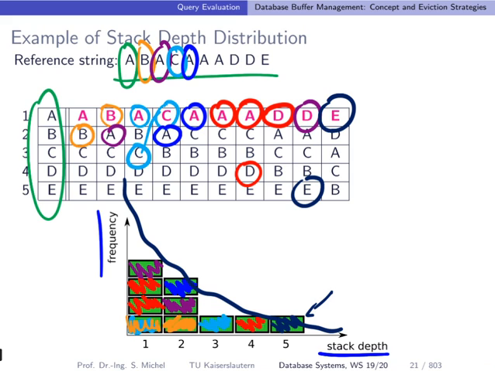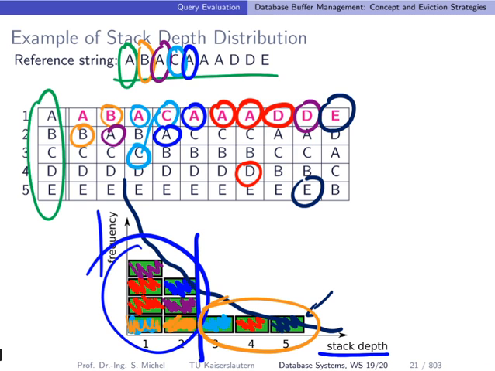If the size were 2, we could answer all of these requests, but not these ones. And if this is only a tiny fraction, then we can say with a buffer of 2 we are quite good. We can answer quite many requests, of course not all, but to a large extent this buffer size k would be effective. And this is the meaning of analyzing this LRU stack depth distribution.